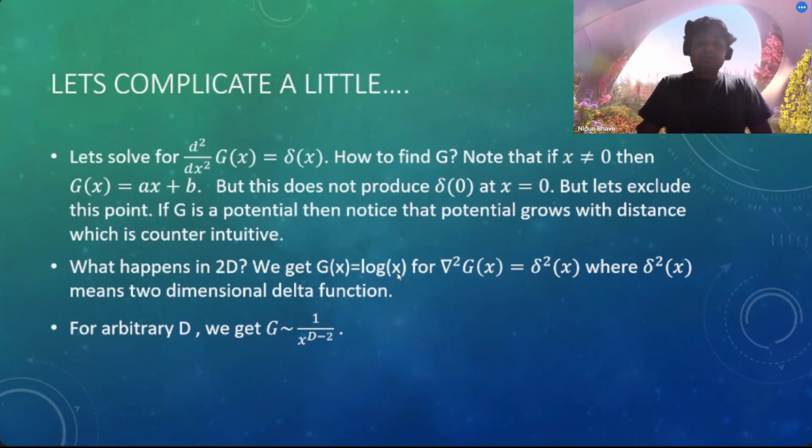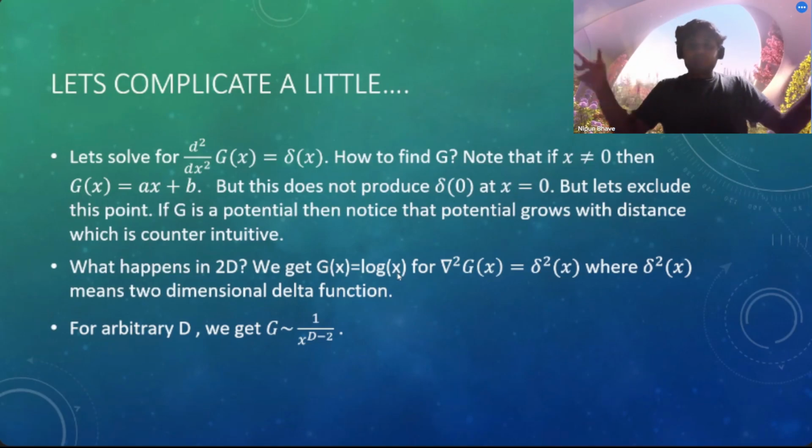Somehow we seem to live in three dimensions, and it has such nice behavior that it is 1 over x. That is, the force decreases with distance, and this is, I think, partly the reason why we can actually solve problems. If the force was going to increase with distance, everything would be divergent, right?